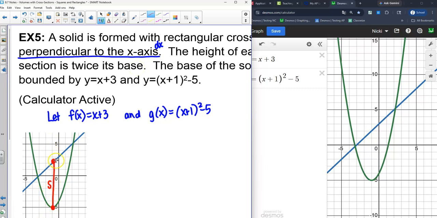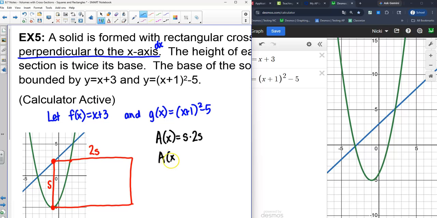That base is the S. And whenever you draw this out, the height of that rectangle, what is it going to be? 2S. So whatever length you have for S, you're making the height of that rectangle 2S. So our area formula for that rectangle is S times 2S, which could be written as 2S squared.